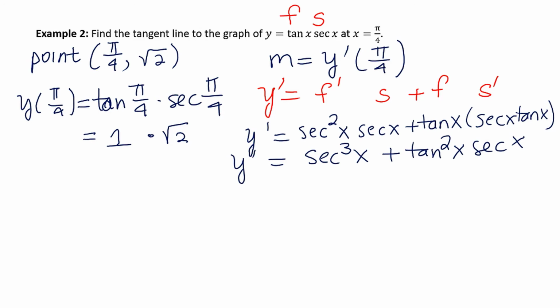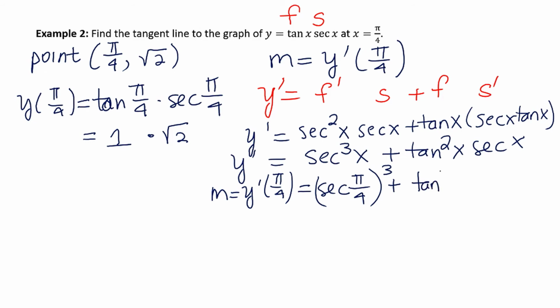That's the derivative. Now we need to compute the slope, which means we're going to evaluate this derivative at pi over 4. That'll be the secant of pi over 4, and then we will cube that, plus the tangent of pi over 4, square that, and the secant of pi over 4.